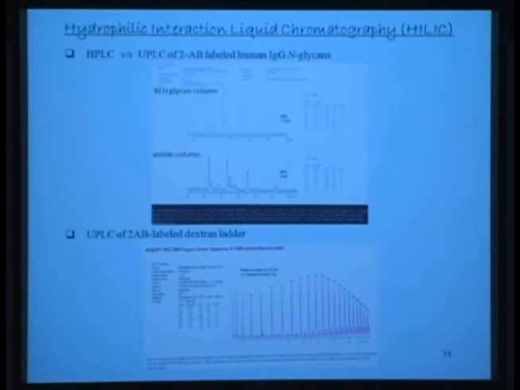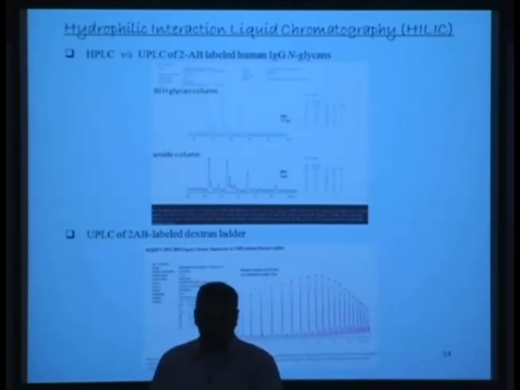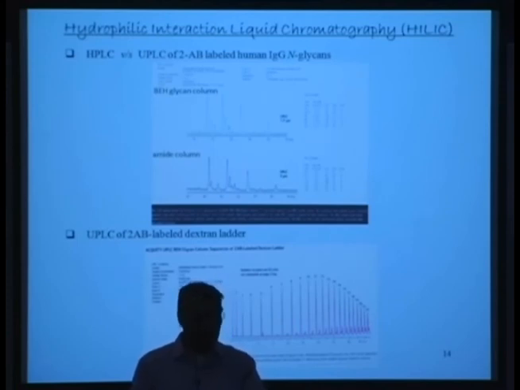what they have done. I really wanted you all to look at this paper. I'm going to distribute it. Look at this paper. It's a very simple paper, and the reason why I have chosen it is because this particular paper has a comparison of 3 different chromatographic techniques: hydrophilic interaction, reversed phase, and porous graphitic carbon chromatography.